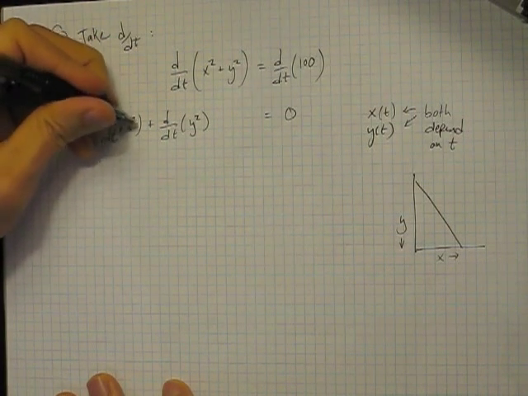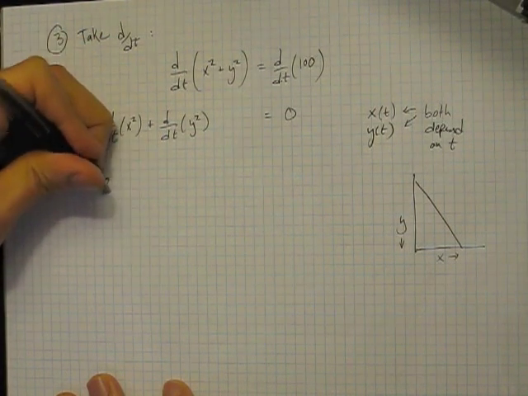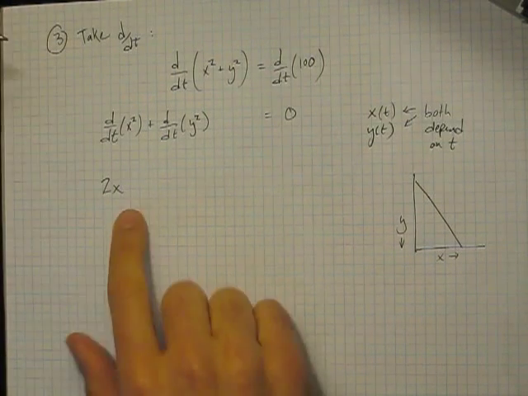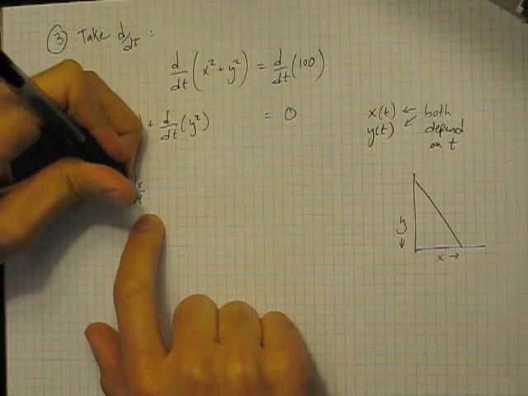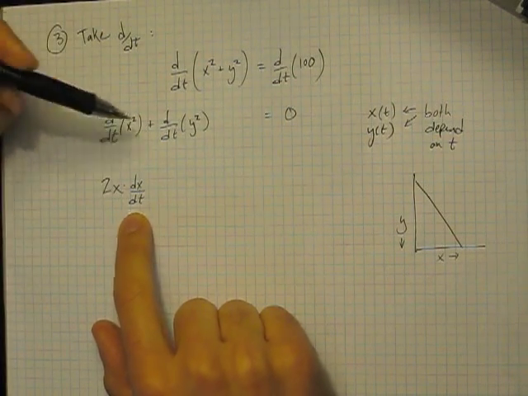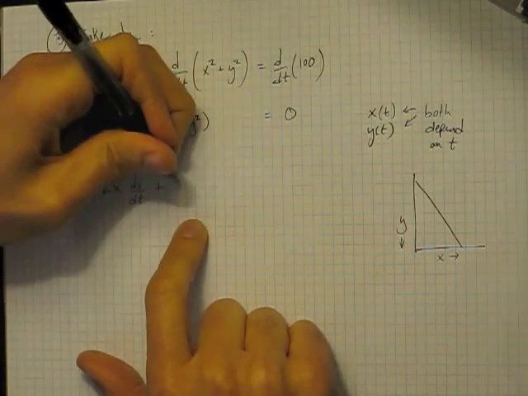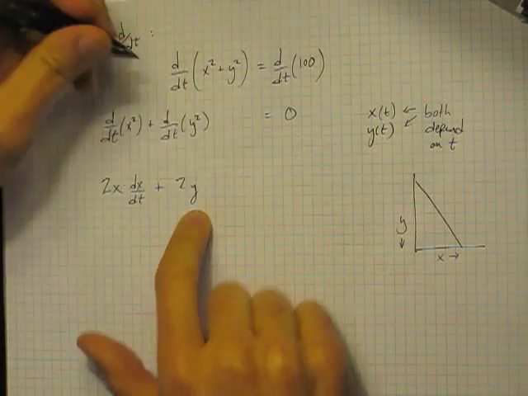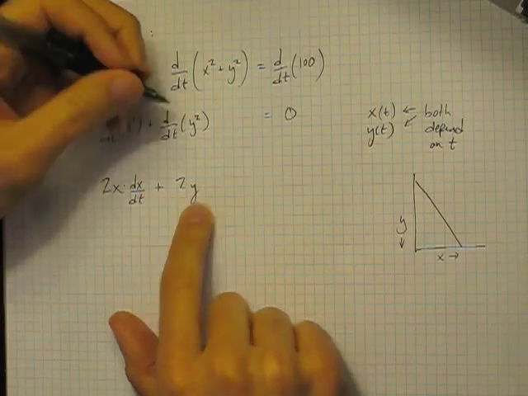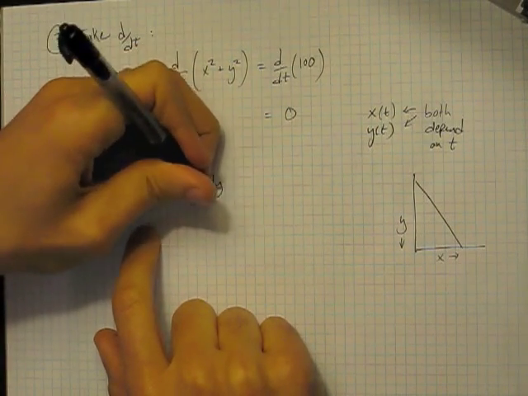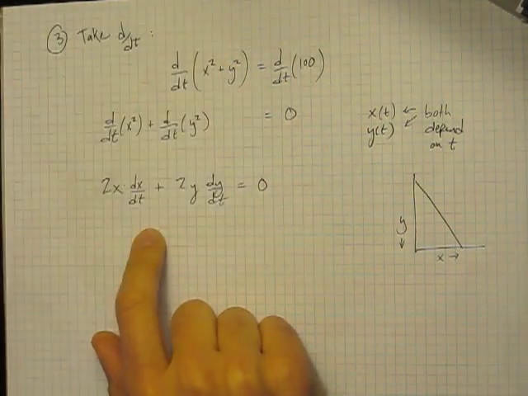So we do that. The outside function is squared, so we bring the 2 down and leave the inside function alone, and then we multiply by the derivative of the inside. Okay, same thing here. We bring the 2 down, leave the inside function alone, drop the power by 1, that's what we did here as well, and then multiply by the derivative of the inside function.